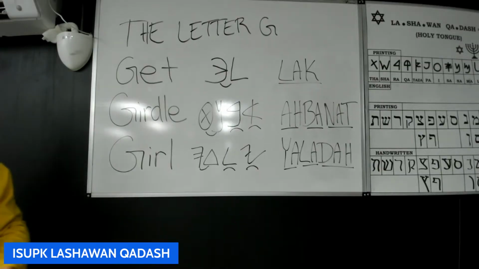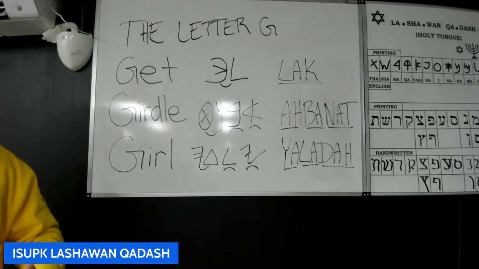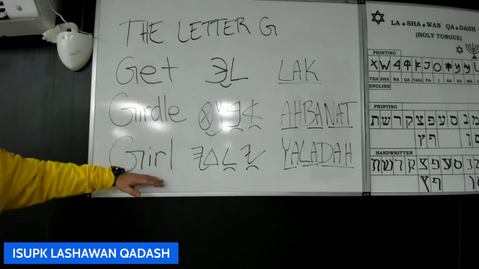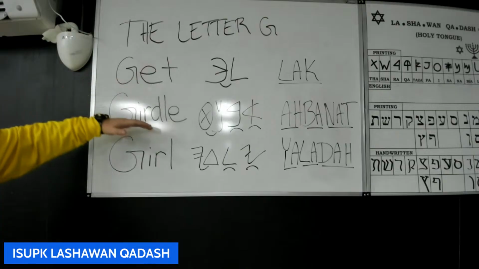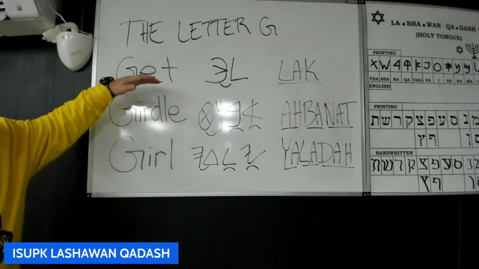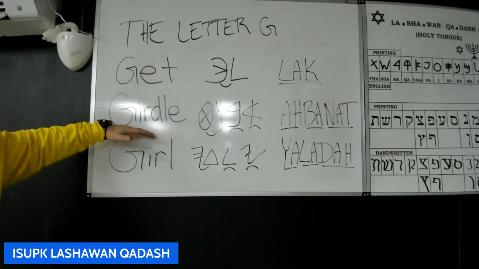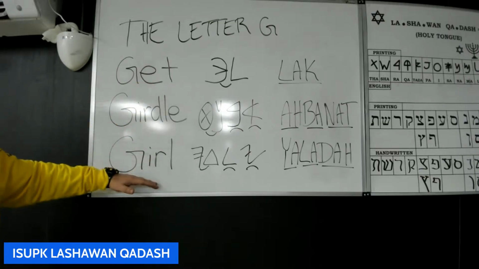I'm gonna leave those up for about 15 seconds, because it's men, women, and children trying to learn this. So you got get, girdle, and girl. In the ancient, get is lak, girdle is abanat, and girl is yalada.